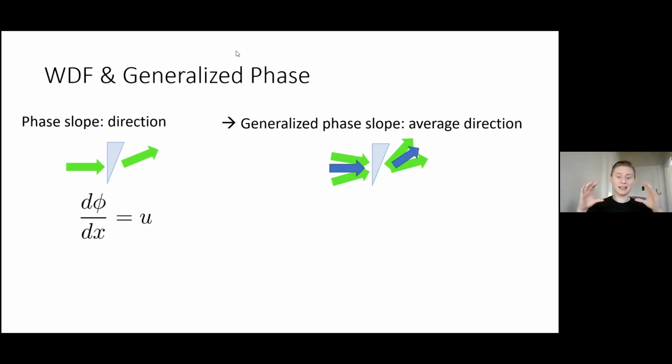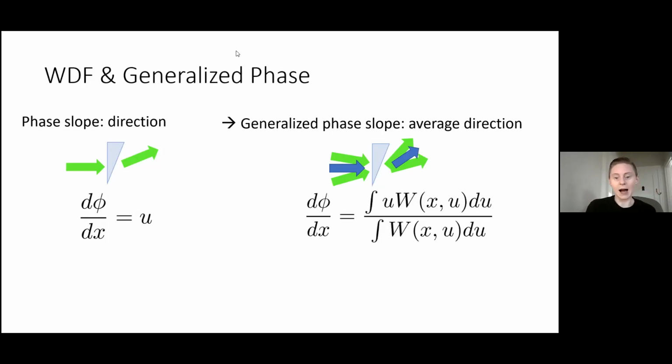I can say that the average of these two beams, for whatever that means, is like the single wave propagating through the scene, and then I'll pinpoint where I am along that wave. The question then becomes, what does it mean to take an average of multiple directions of light moving through a scene? For that, we're just going to say that the average direction will be weighted by something like radiance, right? So if one beam is much stronger than the other, it should be weighted more.